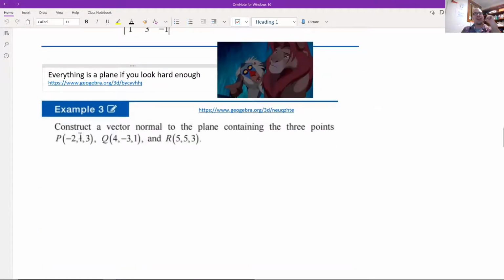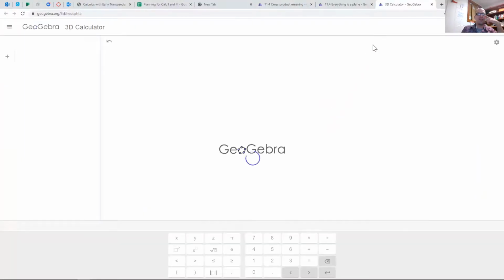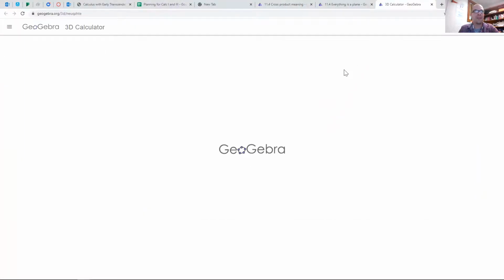Example number 3. We are going to construct a normal vector to the plane containing these 3 points. I think what I want to do is probably just use GeoGebra to guide us through this. So we've got 3 points here. And I'll just guide you through the steps on GeoGebra because we're in a video.